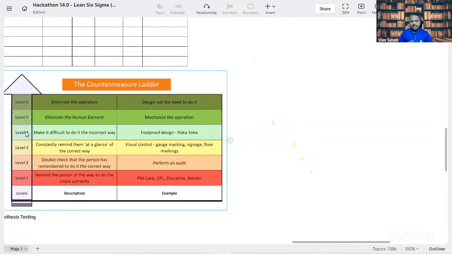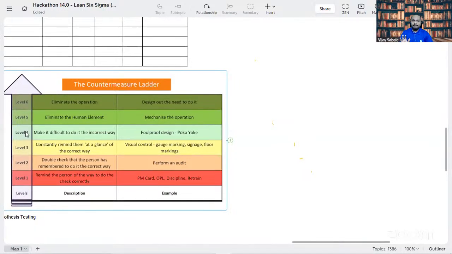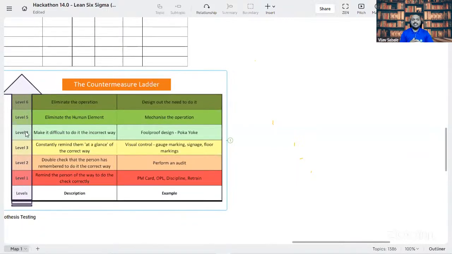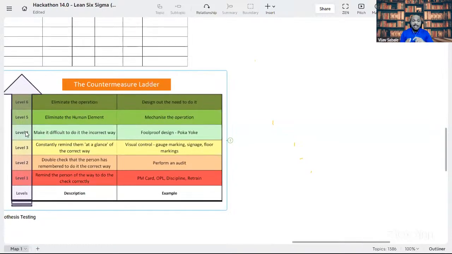That means if you are going to define the countermeasure for your root causes, it must be at level 4, 5, and 6. It should not be level 1 to 3. Levels 1 to 3 can be your immediate countermeasures, till the time you execute 4, 5, 6. Though levels 4, 5, and 6 are the best countermeasures and will solve your problem significantly, they also take significant resources.